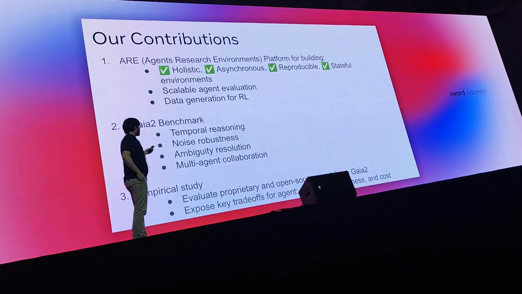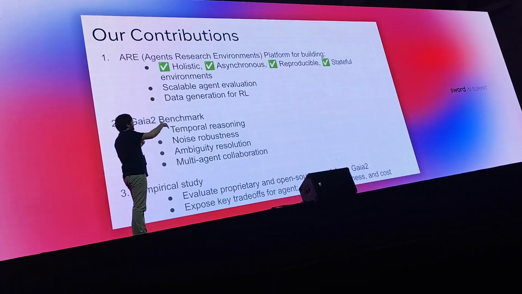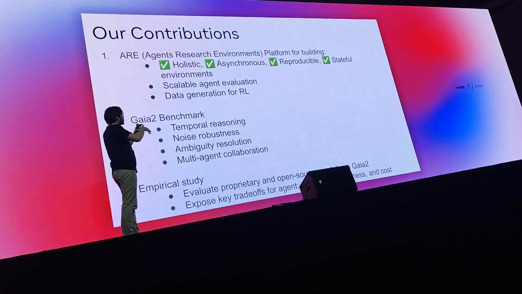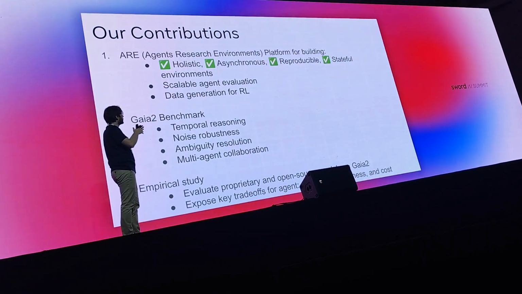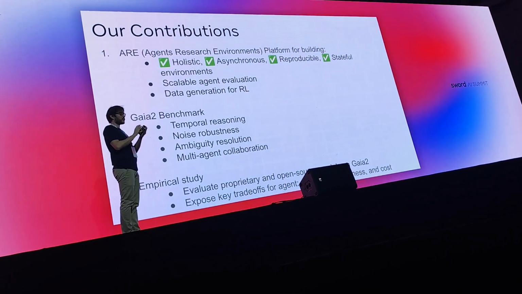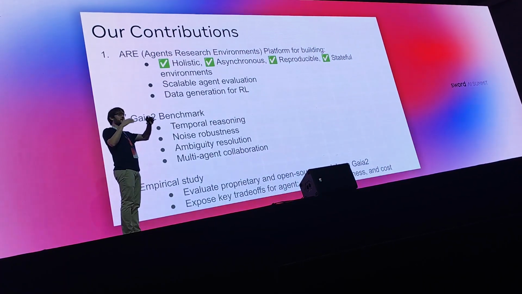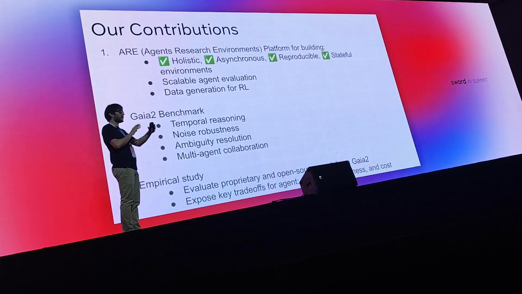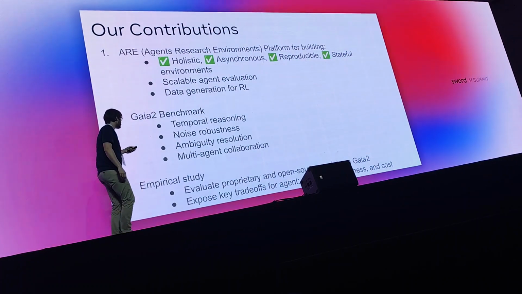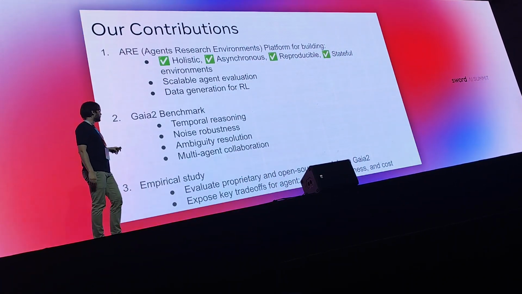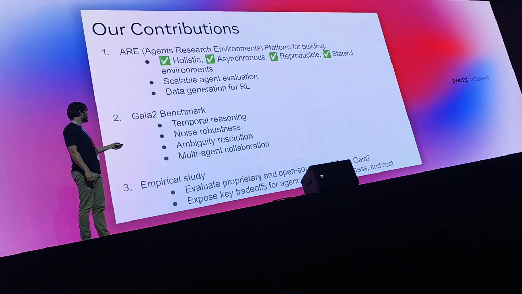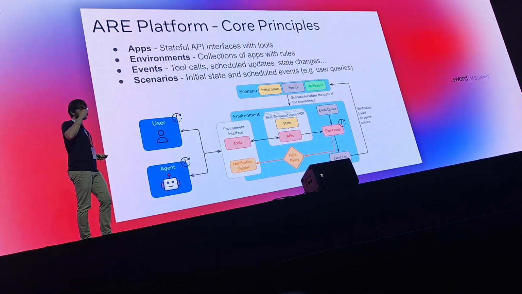We want to leverage the asynchronous feature of this platform to generate environments where we can test the agent on tasks with temporal constraints, and where the environment can evolve while the agent is executing some tool. We did an empirical study where we evaluated some proprietary and open source models, and I will talk about it in detail later.